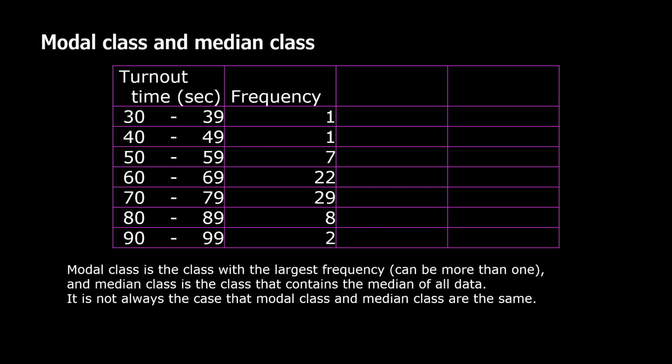Yes. So for the median class, how are you deciding that the median is the 35th point in that 70s grouping? How do you determine the median class? Well, first, add up all the frequencies. That tells you the number of data points, right?